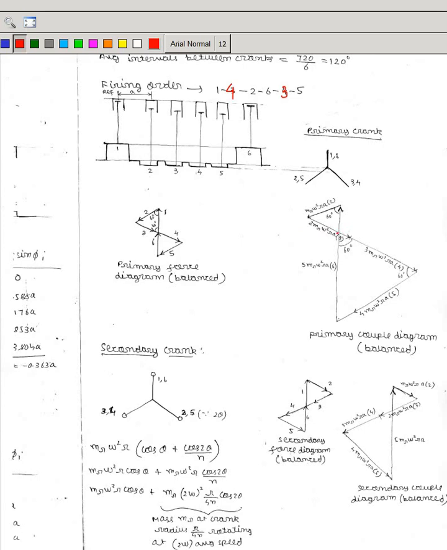But while computing the moment, 1 will not give any moment, so start from 2. 2 will give you moment, and here only A, then 3 will give you moment, but it will be twice this value, so it will go up to this, then 4 will give you moment.